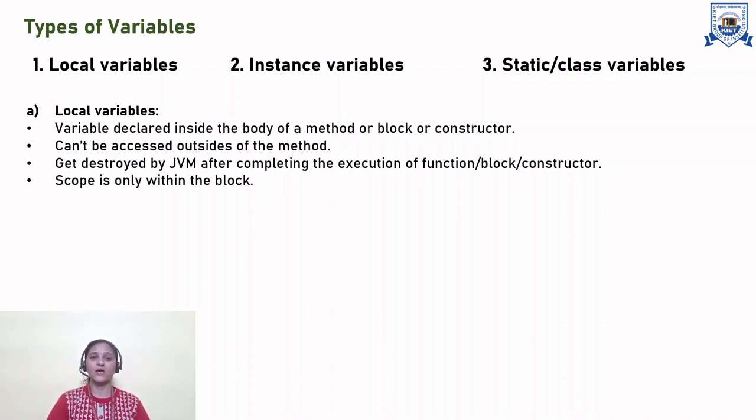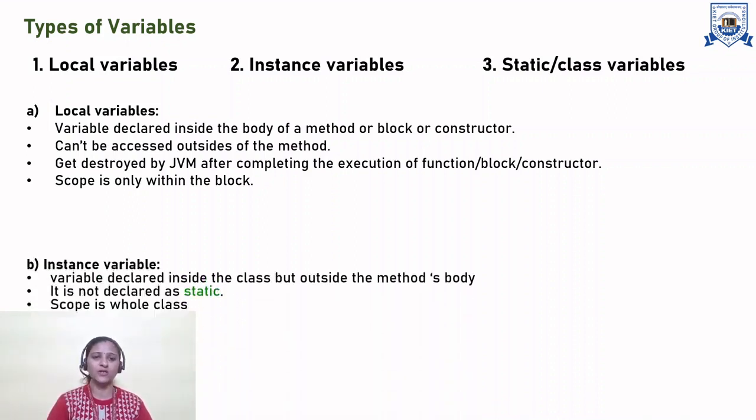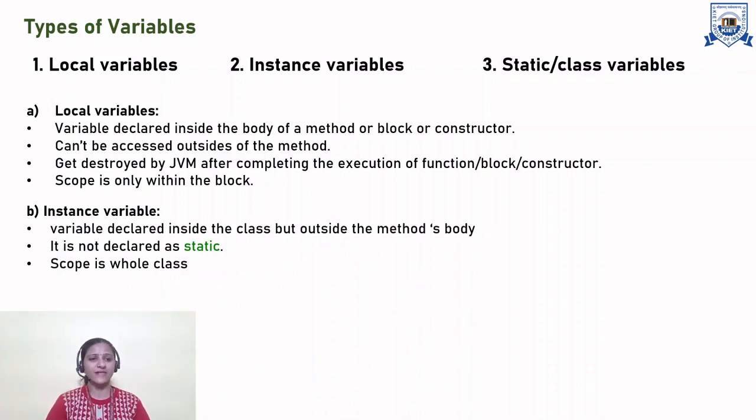They can't be accessed outside of the method. They get destroyed by the JVM after completing the execution of such function, block or constructor where these variables are declared. Scope of such variables is only within that block where they have been declared.